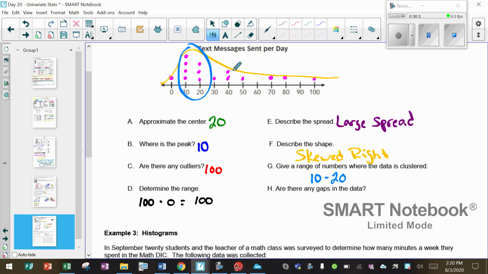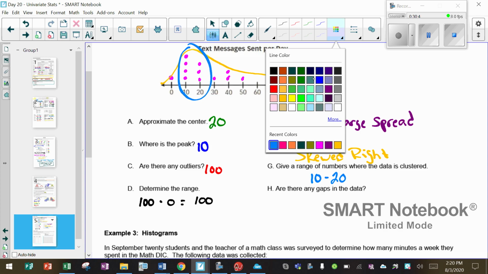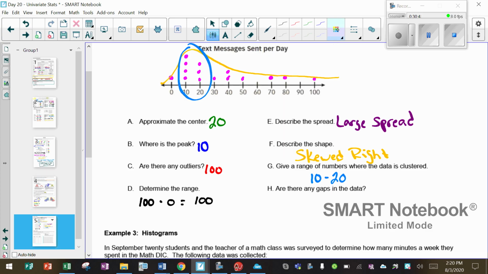There's also a small cluster around 40, but there's a bigger grouping, so that's where we're going to put our cluster. Gaps would be like a space in between data numbers. So there's a gap from 50 to 70. Because 100 is an outlier, we don't consider that a gap.